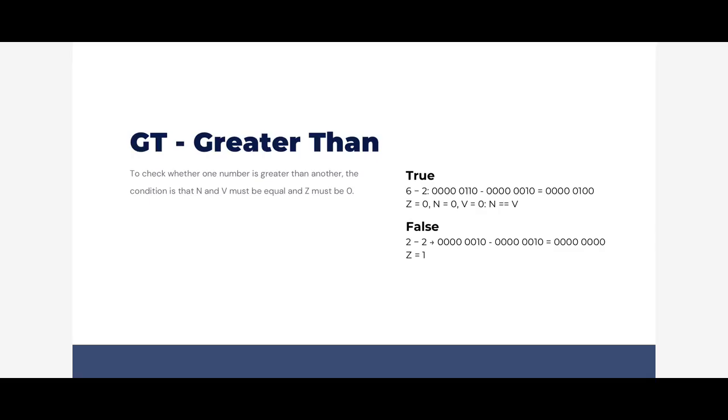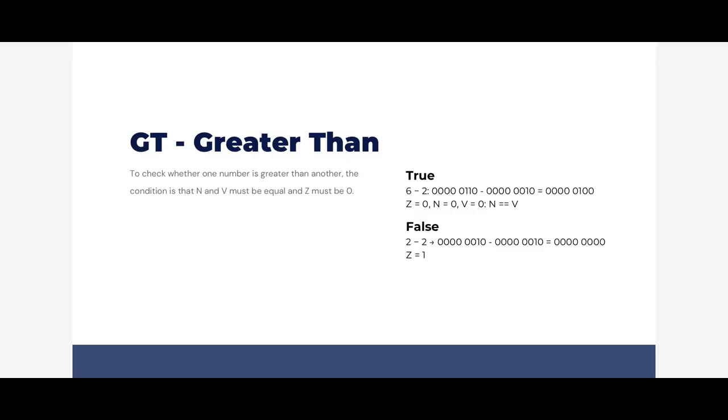The most significant bit is 0, and it makes N 0, and there is no overflow, and V is 0 again. N and V equal each other, and Z is 0, and this satisfies all conditions, and it means that 6 is greater than 2, and this condition is true.